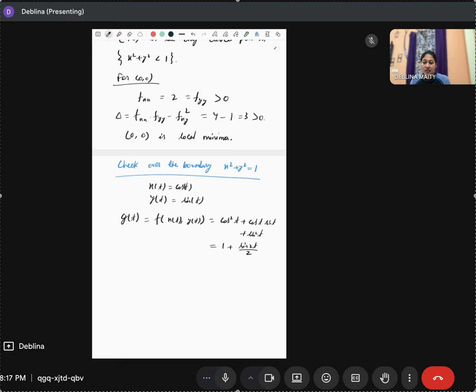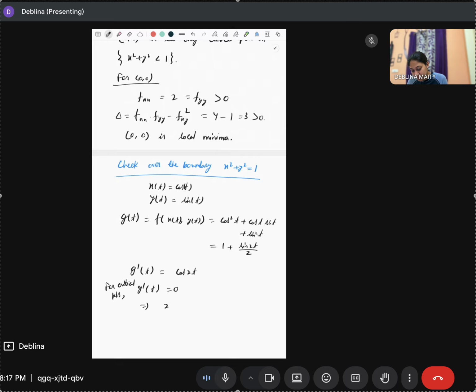Now we can check for critical points in a single variable function, like we will take the derivative g dash and g double dash, right? So what is g dash t? It is cos 2t, and for critical points, g dash t equals 0.